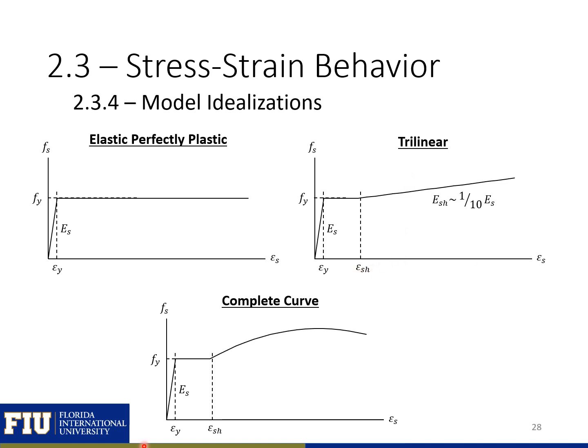Finally, we can also consider the complete curve, where we use a linear relationship up until yield. We assume that we're on the yield plateau up until the start of our strain hardening region, and then we use some polynomial expression to approximate the behavior of our strain hardening and ultimate strength region.